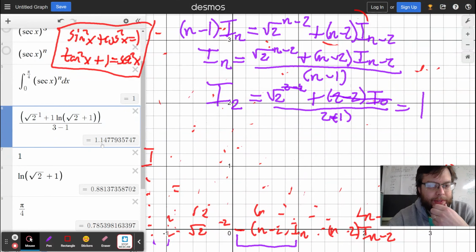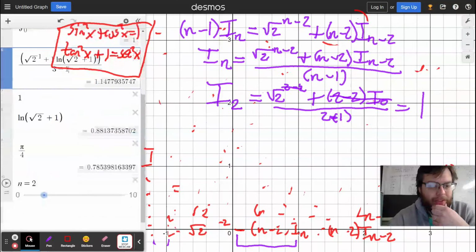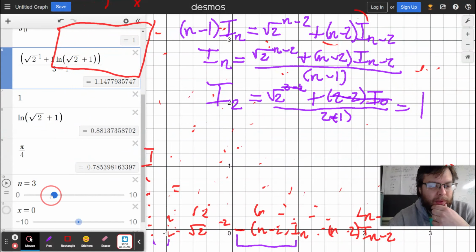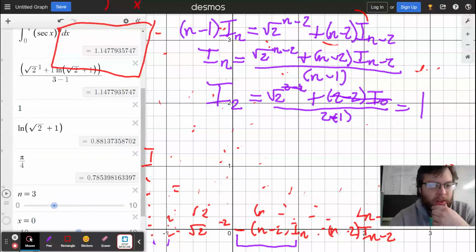Let's check our answer. 1.1477, make n equal 3. It matches up perfectly.